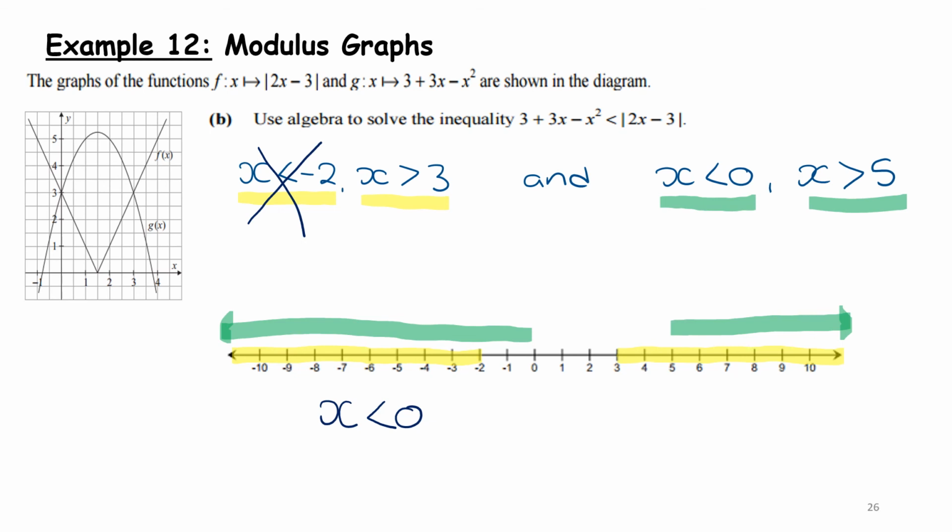On the positive side, it's the opposite way around. It's better for us to work with x is greater than 3 because it already includes x is greater than 5. So why would I include two answers when I only need to include x is greater than 3? So my final answer is x is less than 0 and x is greater than 3, which is the same as what we got in the first part.